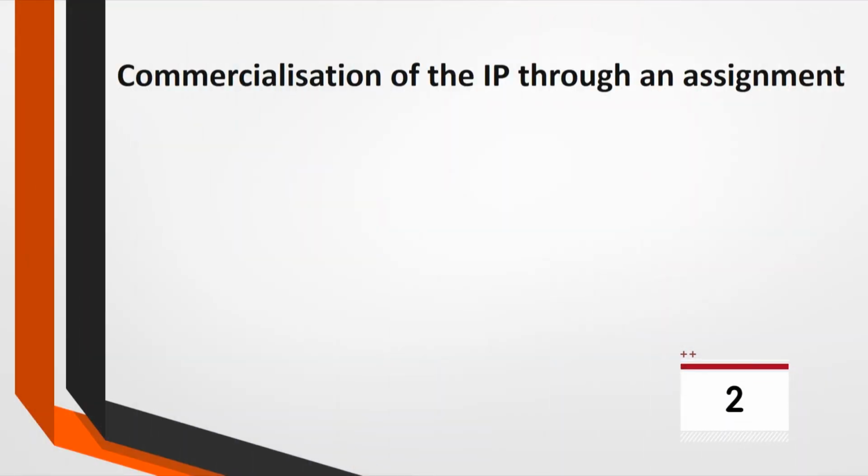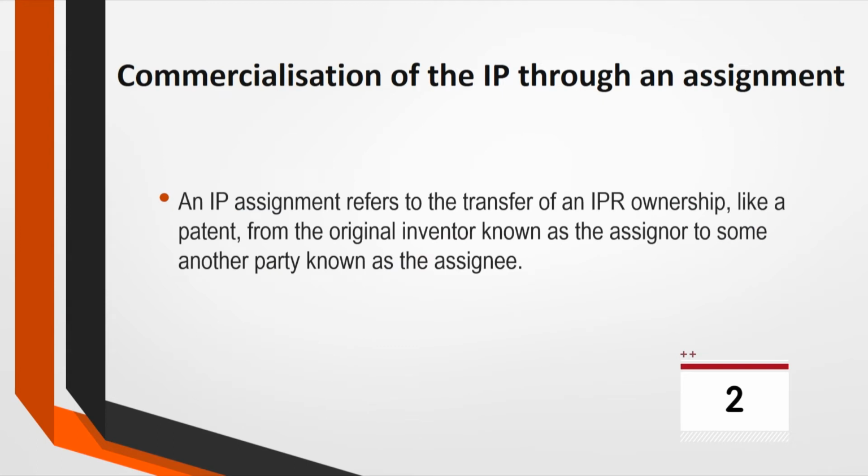So, the second technique is commercialization of the IP through an assignment. Now, what is an assignment? An IP assignment refers to the transfer of IPR ownership, like a patent, from the original inventor, who will be known as the assignor, to another party which will be known as an assignee.